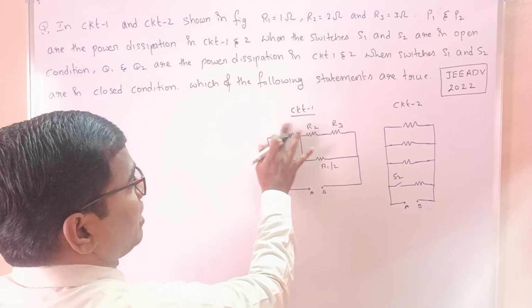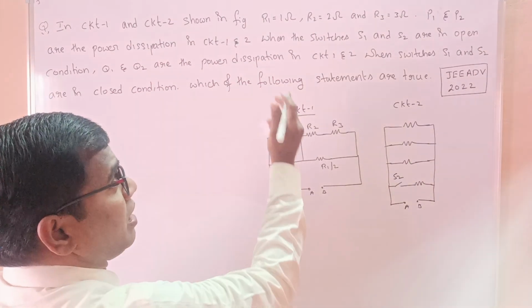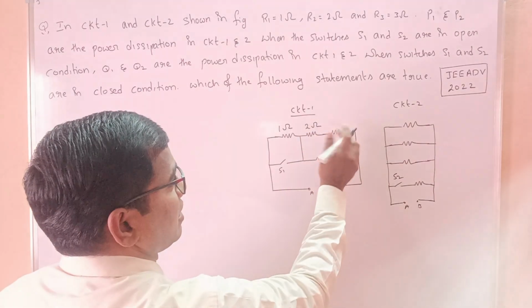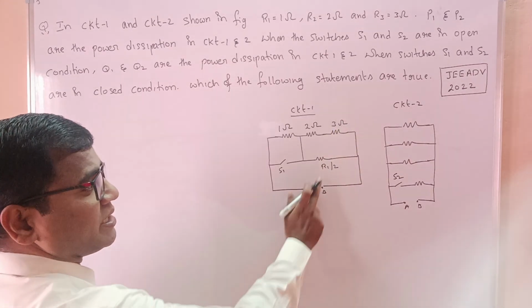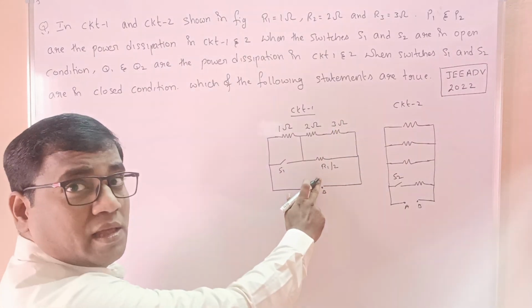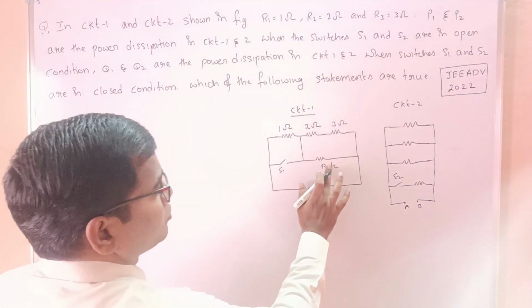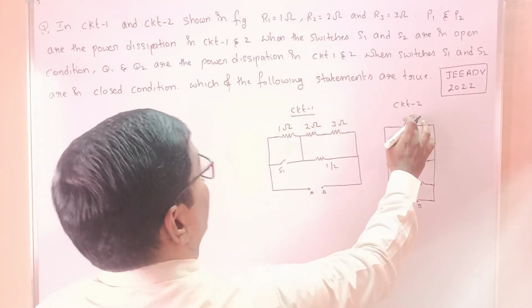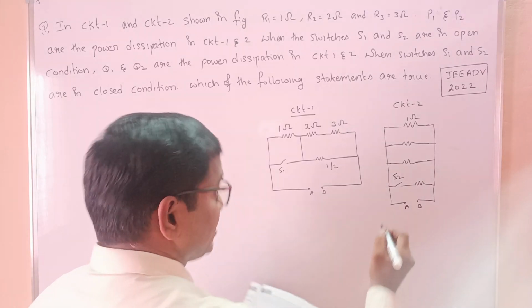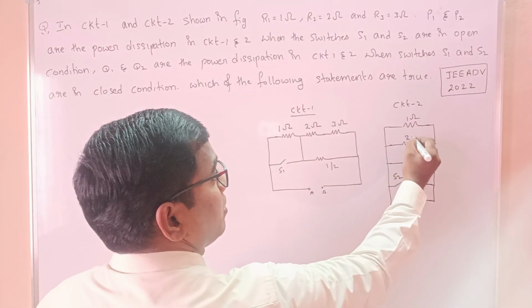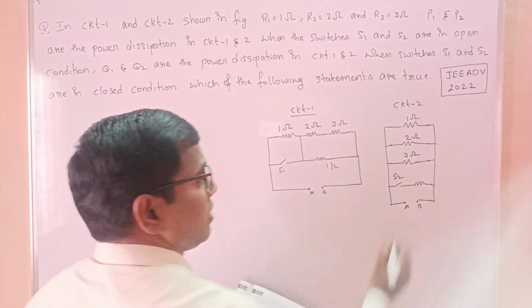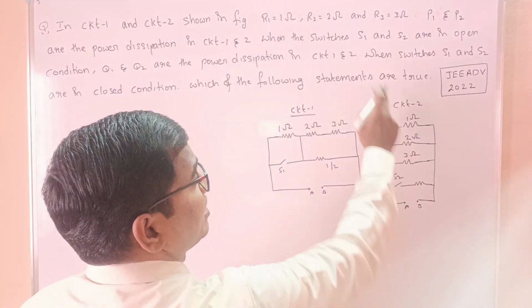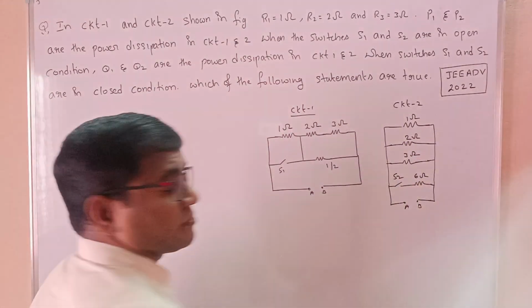R1 is 1 ohm, R2 is 2 ohms, R3 is 3 ohms, and here it is R1 by 2, so it is 1 by 2 ohm. In the other circuit, R1 is 1 ohm, R2 is 2 ohm, R3 is 3 ohm, and the last one is given as 2R3, which is 6 ohms. Clear?